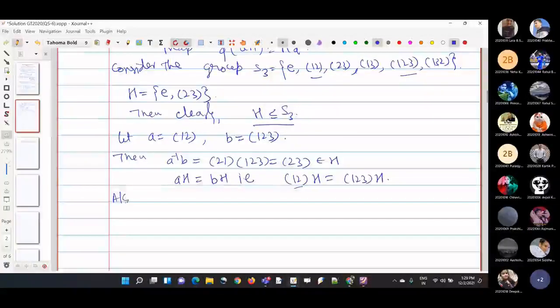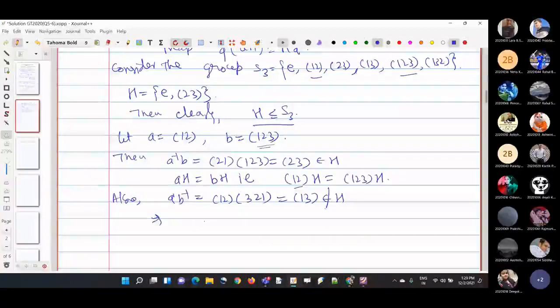And also AB inverse, once you compute this, you will be getting (1 2 3) and (3 2 1), for the inverse of this, just put them in the reverse order, (3 2 1). So this will give us (1 3), and (1 3) doesn't belong to H.